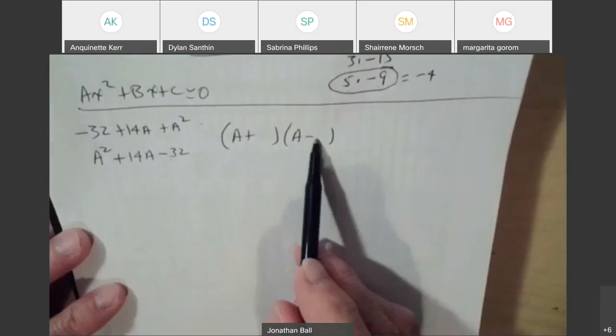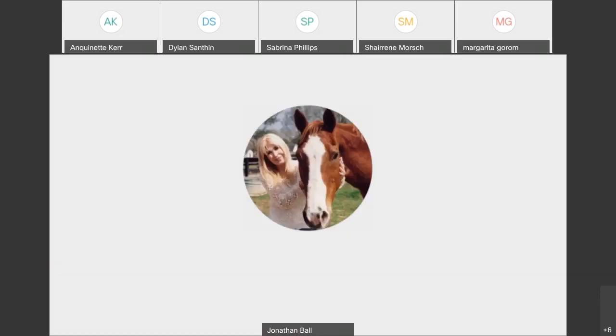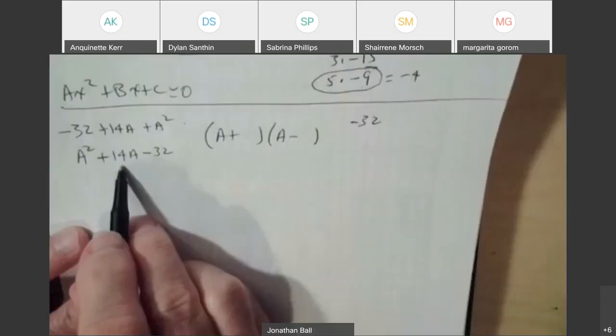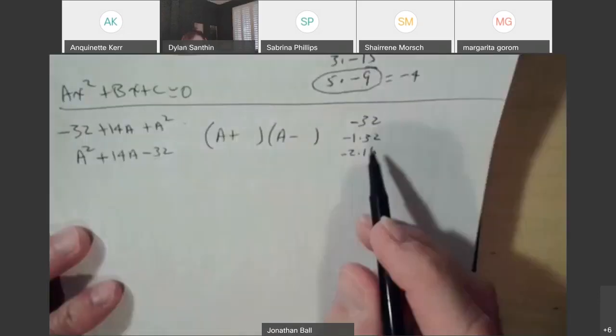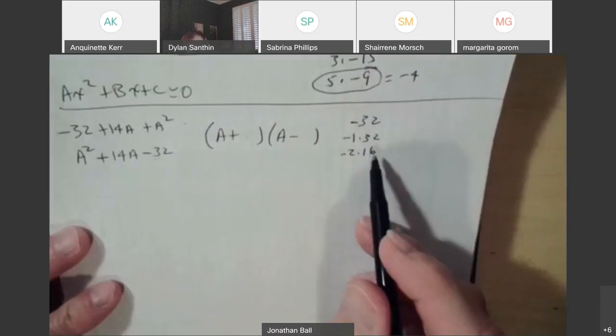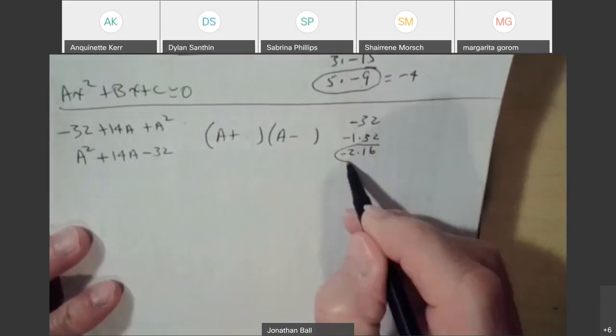So what are the factors of -32 that combine together to give us a positive 14? -1 times 32, -2 times 16. There it is: -2 and positive 16.